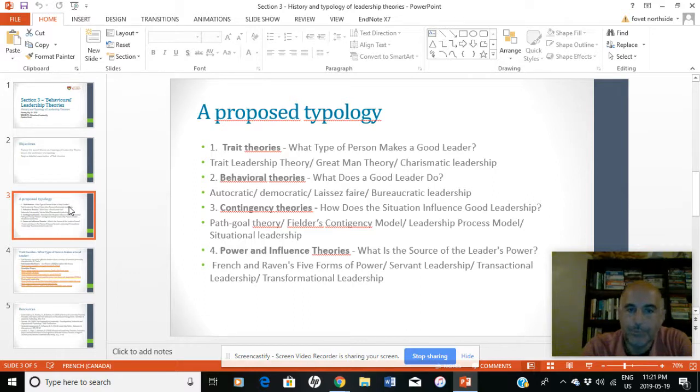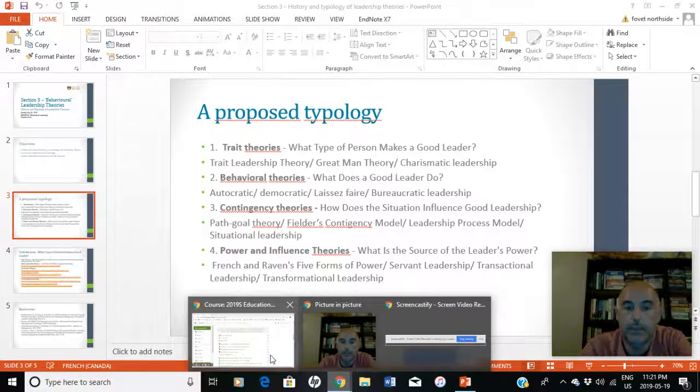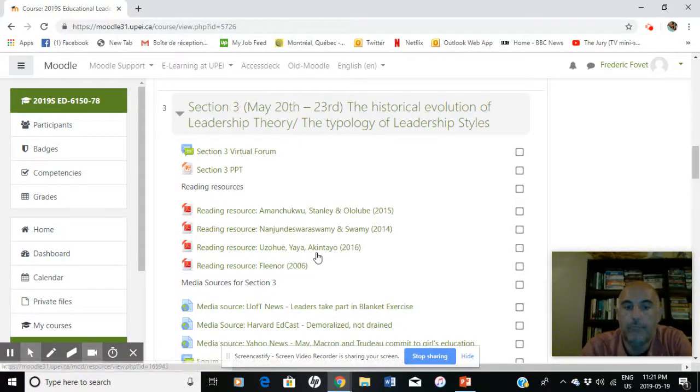So, first of all, what's a typology? A typology is a way of classifying things. It's a way of putting things in categories. So why is it useful? Because I think you will see, and I'm just going to give you a heads up here and show you the course outline again, the 3 readings here are readings where you will notice the complexity of theories and the number of theories available.